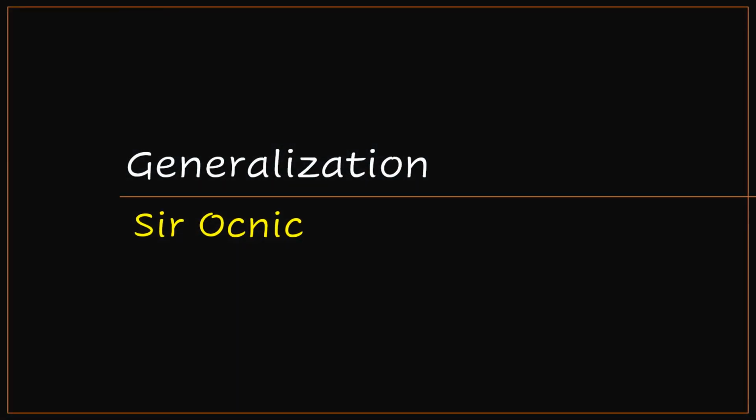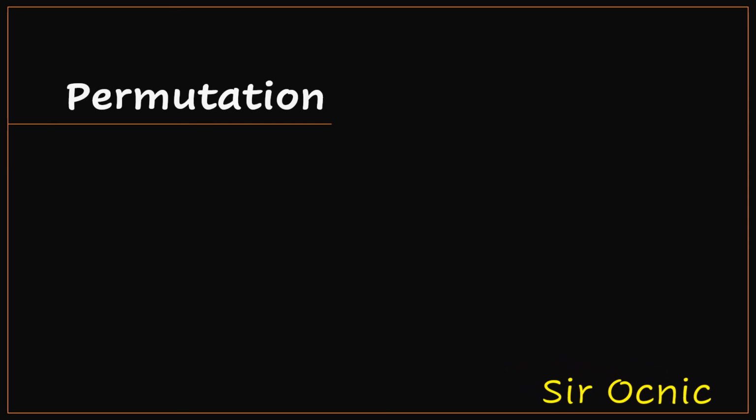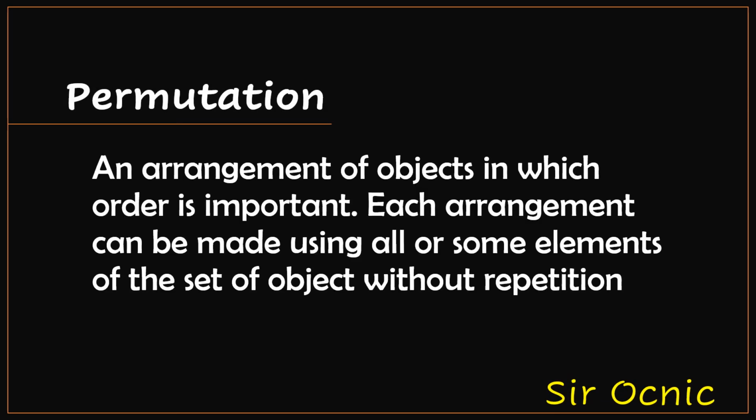Let us now summarize what we have discussed in this video. Permutation is an arrangement of objects in which order is important. Each arrangement can be made using all or some elements of the set of objects without repetition.